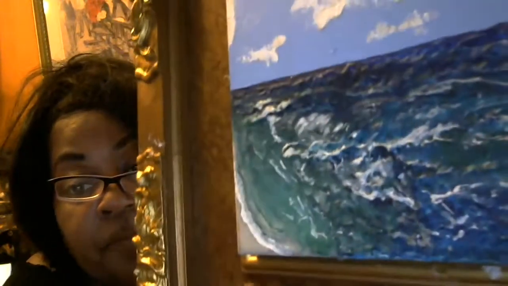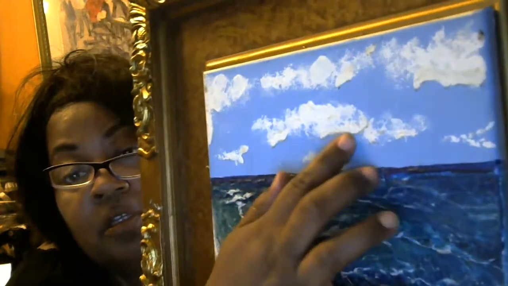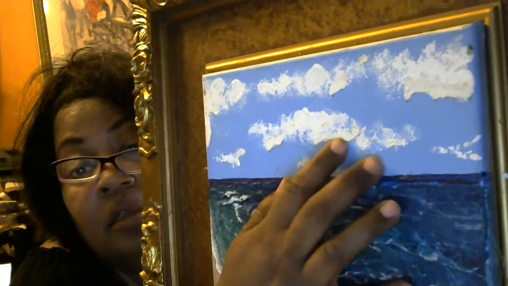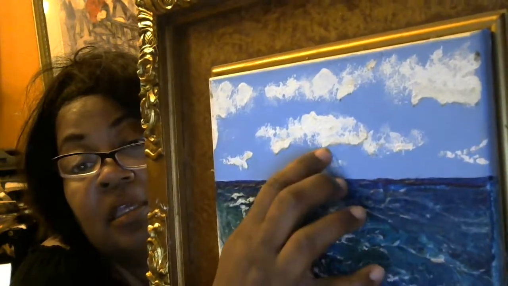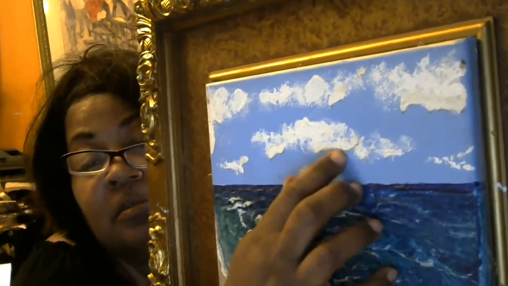Let me show you. It's the wave, and it's done by the thick painting, and then the illusion of the cloud popping up. All that is the paint, the darker paint here, and it's kind of lined in that area. That's realism art, and we're going to demonstrate it later.